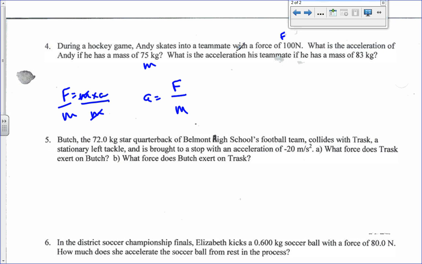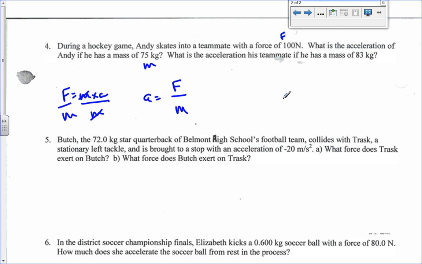What is the acceleration of his teammate if he has a mass of 83 kilograms? It's the same formula. You use the same formula. And you use the same force, because whenever they collide, Newton's third law applies.